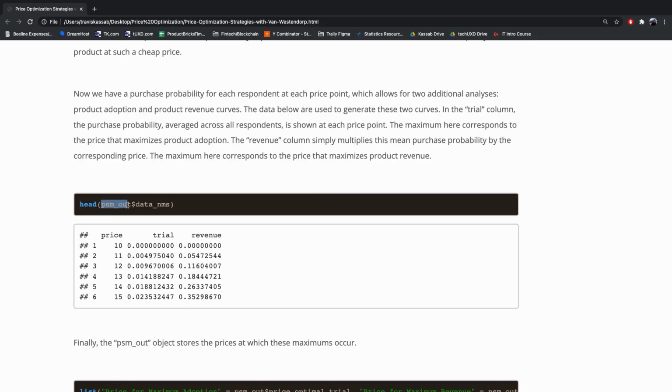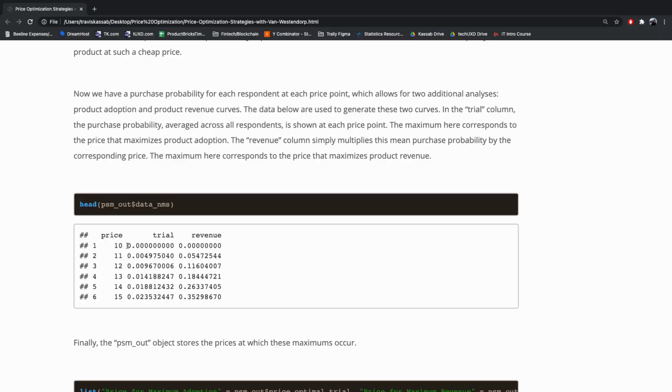Going back to our PSM out R object, we have data NMS, Newton-Miller-Smith. And so for each respondent, we have a probability for each one of their Van Westendorp prices, Q1 through Q4, a probability of purchase for each one of their price points. For each price point, we have the mean probability averaged across all respondents.